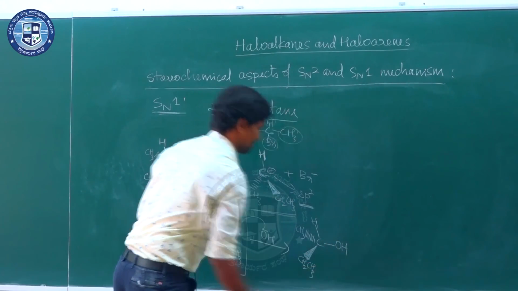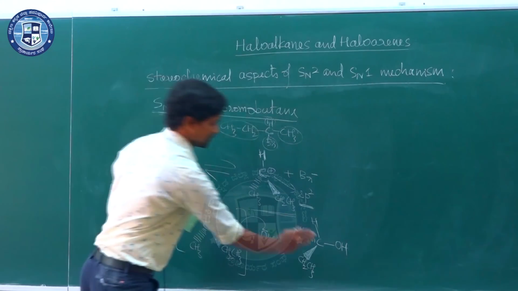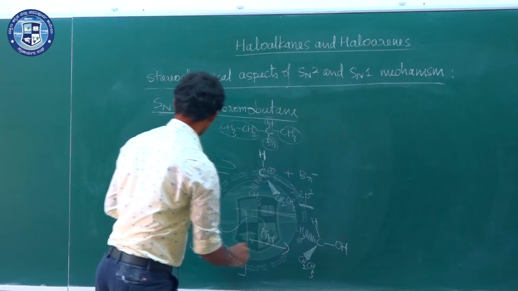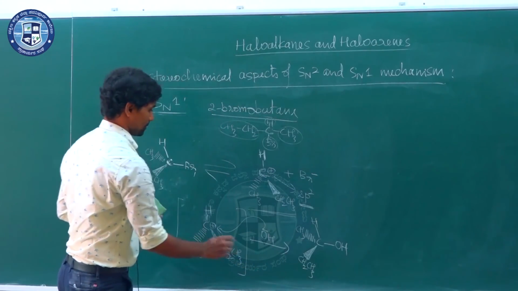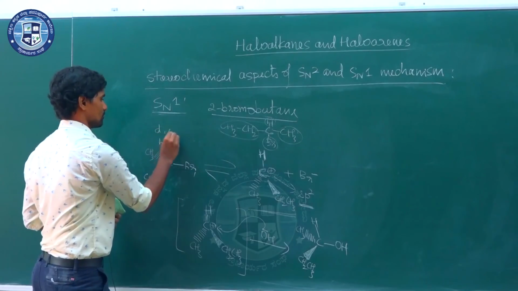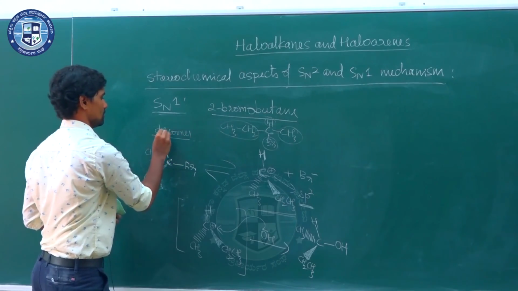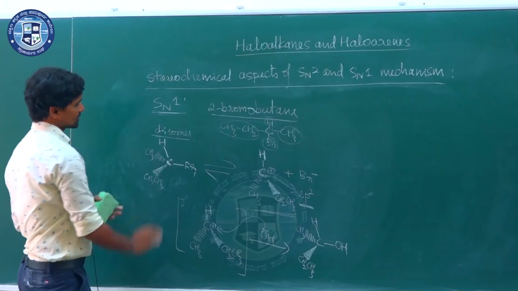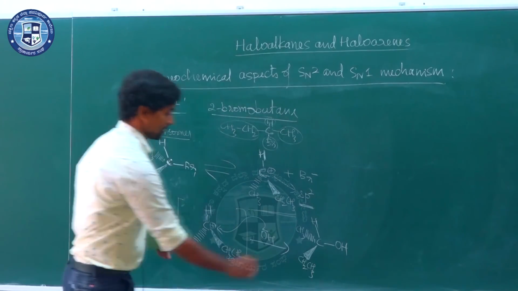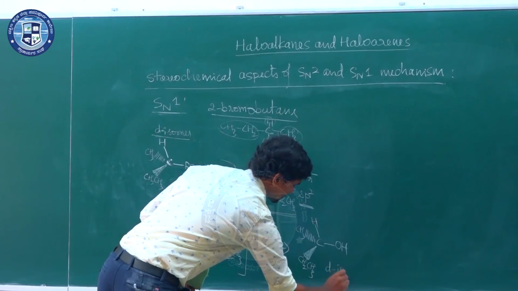If you compare with the reactant, here it looks like retention of configuration takes place. Therefore, if you have taken, let us say, the D isomer, okay, means it rotates the plane polarized light to the right, the clockwise direction, and this product also will be the D isomer.